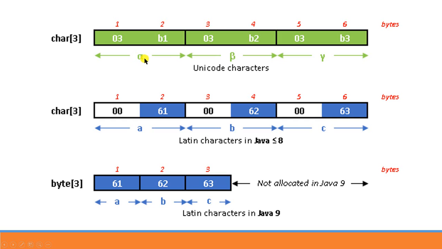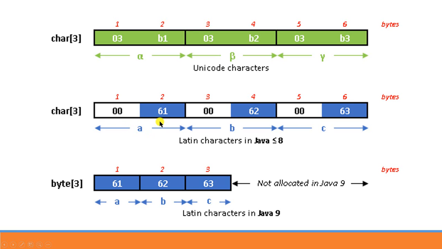And right here, I show you the data storage for the character data type. If it is a Unicode character, it will be stored like this. Each character has 2 bytes, 16 bits. So this is actually the Unicode alpha, beta, and gamma. And for lowercase letters, in Java 8 or before, you can store it as a 2-byte character data type char.